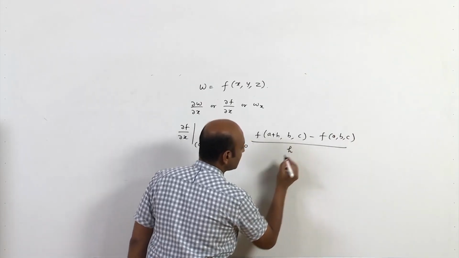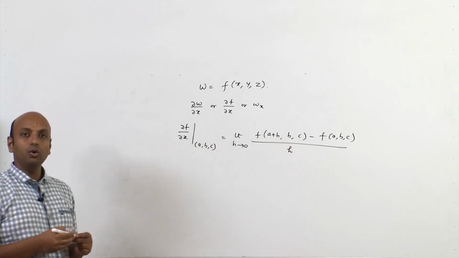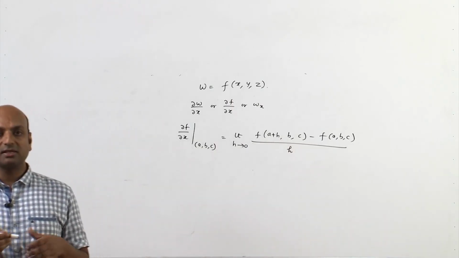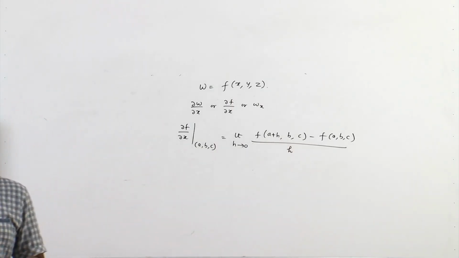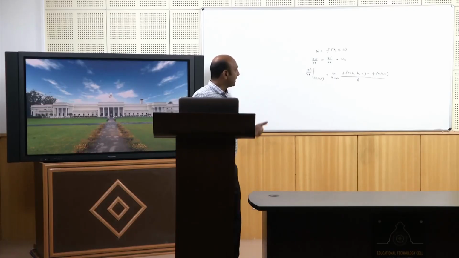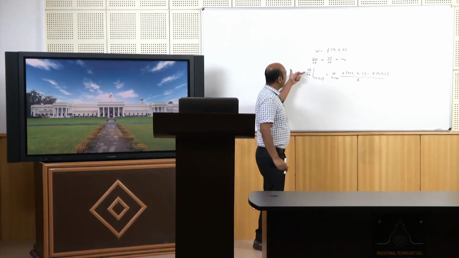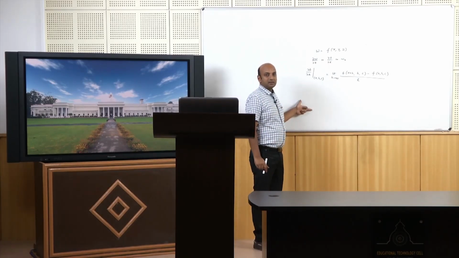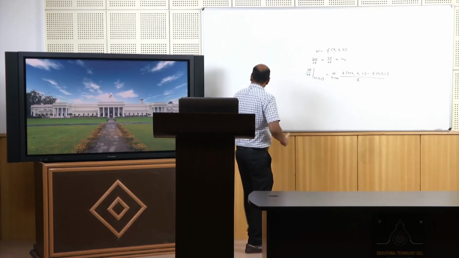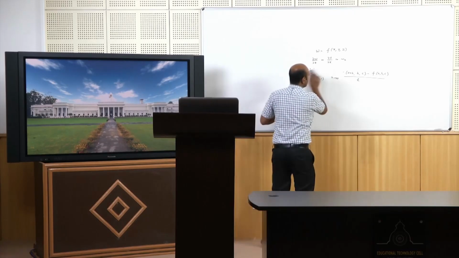The same definition which we have used for 2 variable functions will be followed for 3 variables or more than 3 variables, okay. Similarly, we can define del f upon del y or del f upon del z. Now, we will solve some problems based on this.